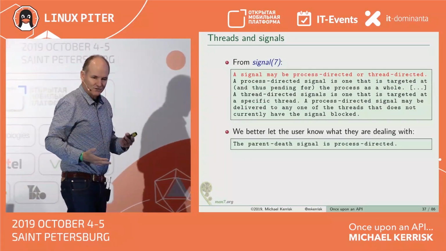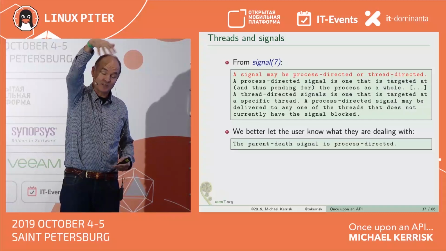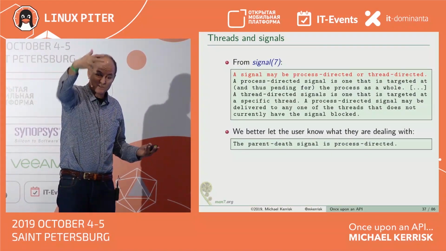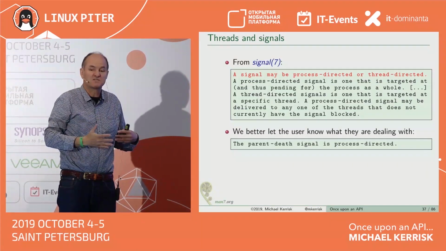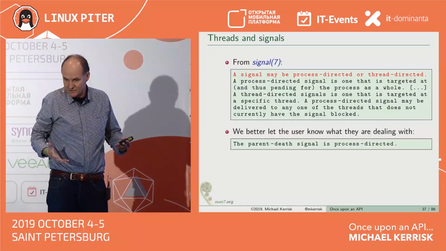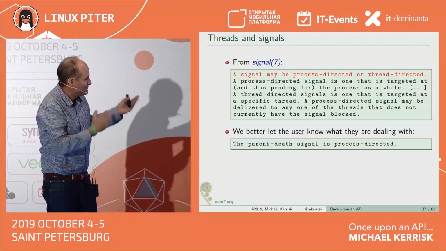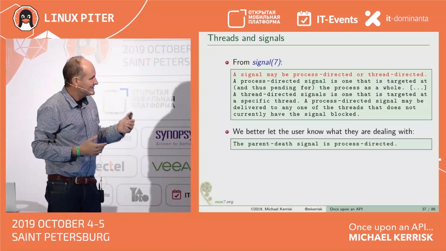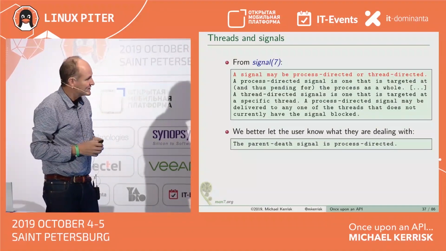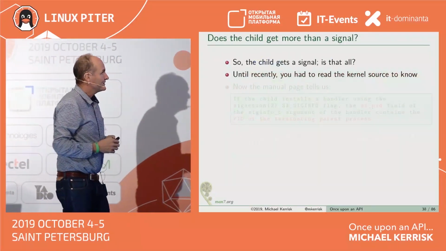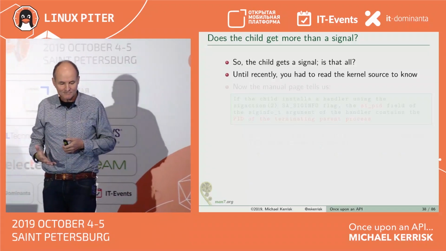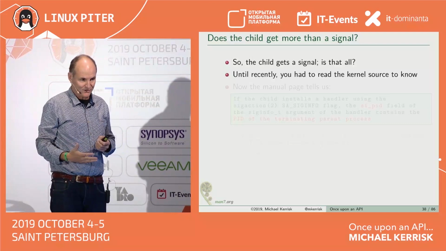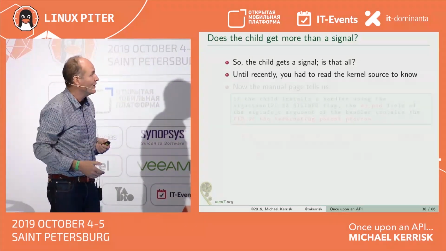And of course, the question is, this parent death signal being sent to the child, is it being sent to the process, or is it being sent to a particular thread? Perhaps the thread group leader, for example. Who knows? Because it wasn't documented for a long time. But now at least it is. It's a process-directed signal. And then the child gets a signal, but is that all the child gets? Well, unless you read the kernel source code until quite recently, you wouldn't know.